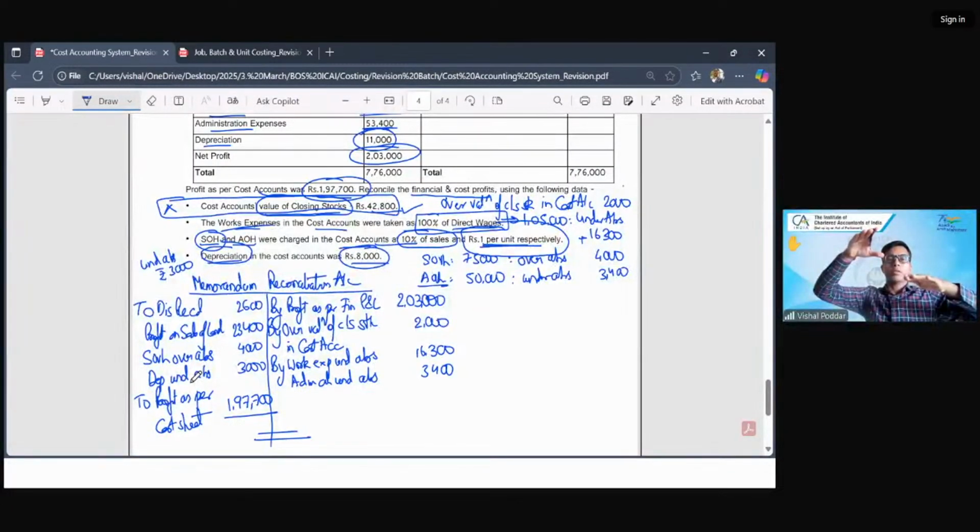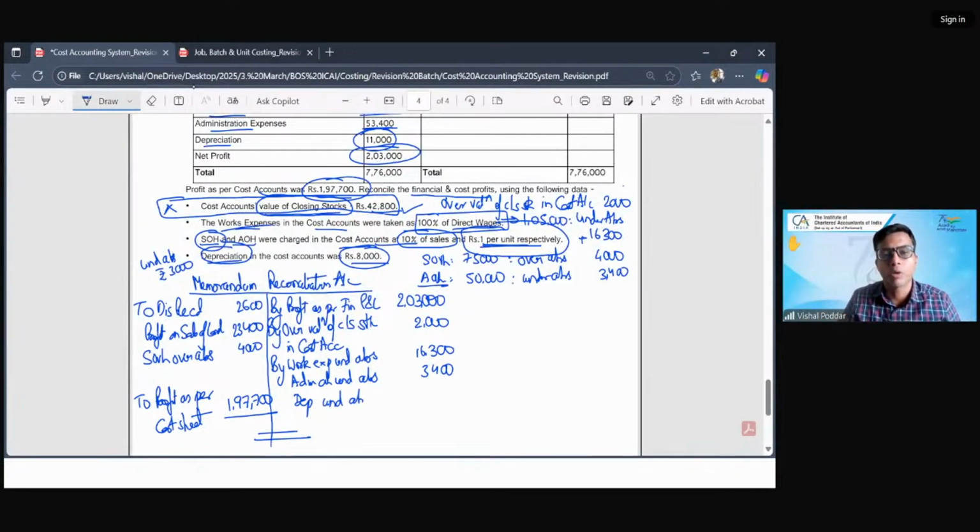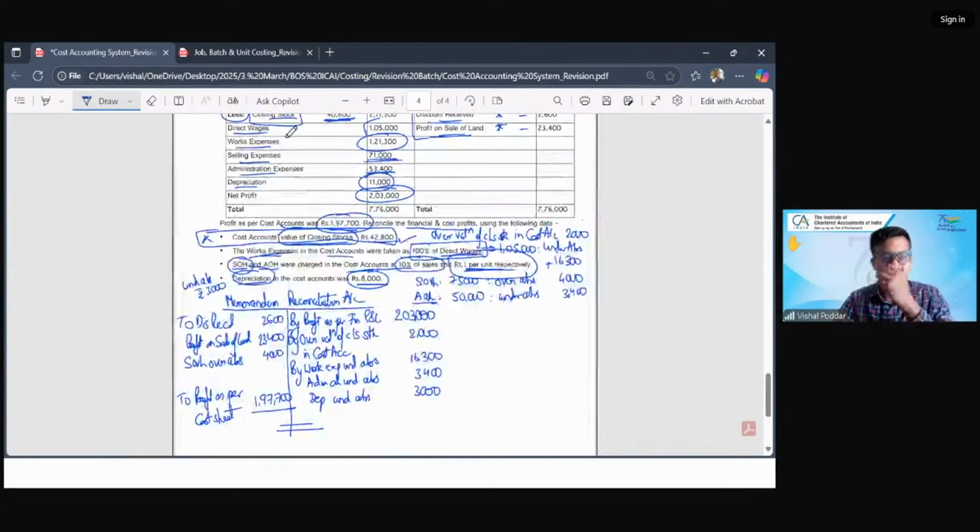Your profit will go up. Which profit is going up? Cost sheet. Your starting point is financial. What you have to do? Add. You're right, Anurag. I have to show depreciation under absorbed. Correct, Anurag. Thank you.